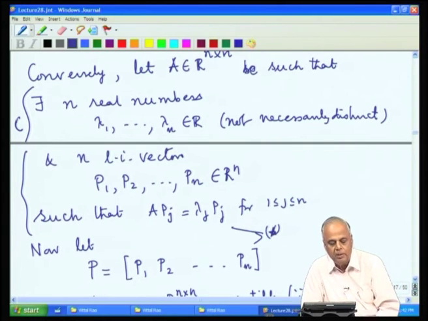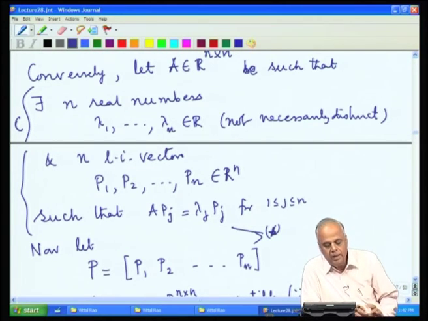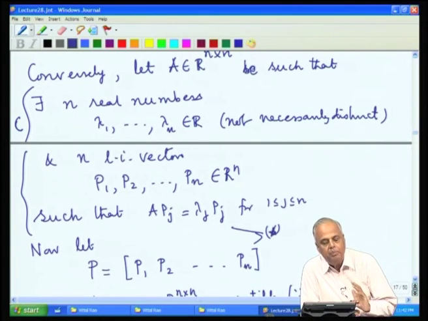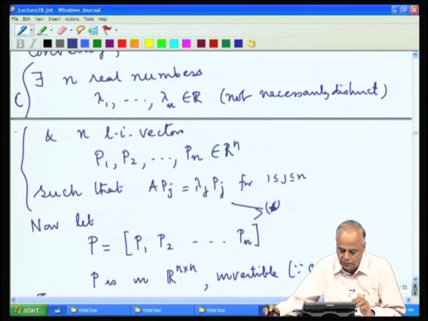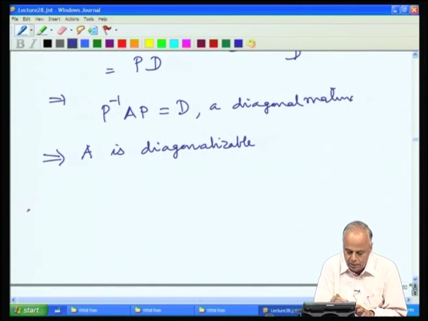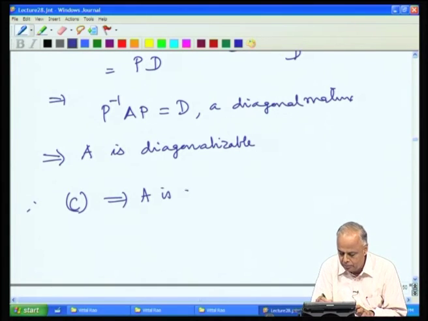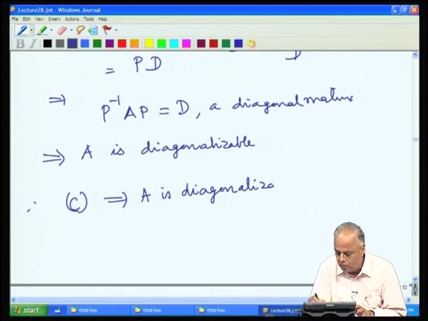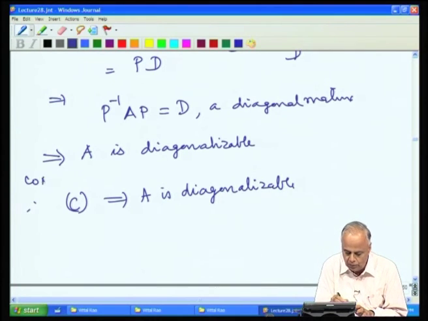What are those whole set of conditions? There are n real numbers, n linearly independent vectors such that A p j is equal to lambda j p j. What we have seen now is C implies A is diagonalizable, and what we saw earlier was this is conclusion 2.